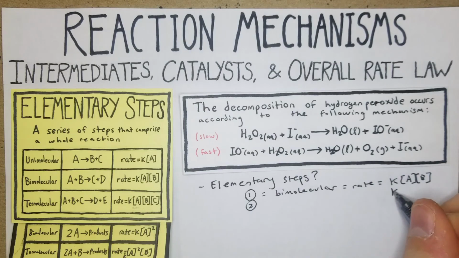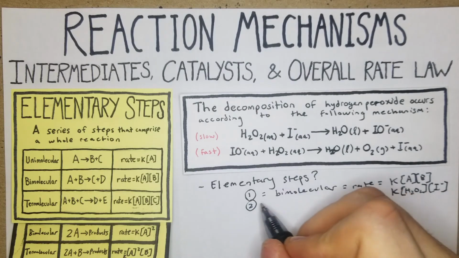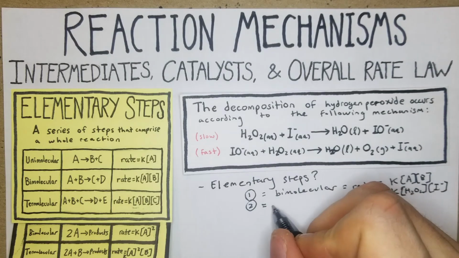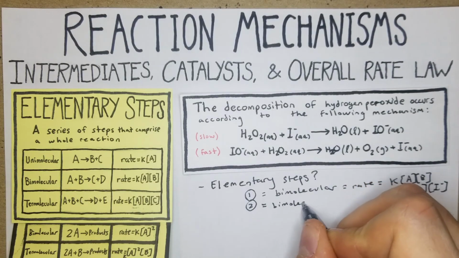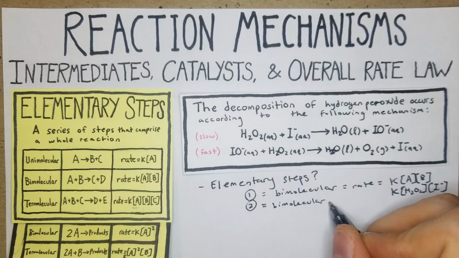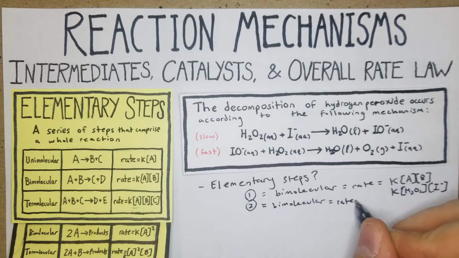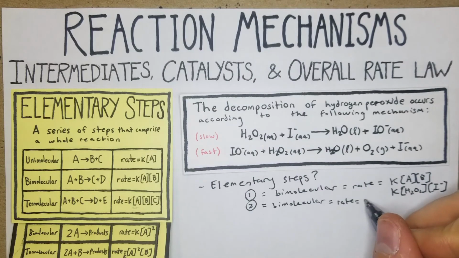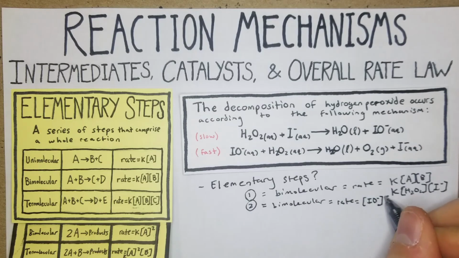You can just sub in hydrogen peroxide and then I-. And then the other one is also going to be bimolecular. And the rate is going to equal the exact same thing, we'll just say k[IO-][H2O2]. So there's our elementary steps.